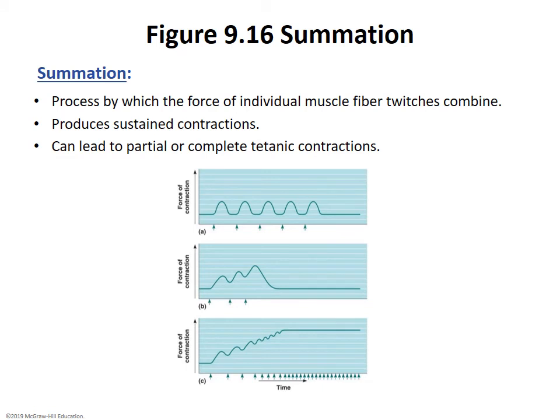So if we look at how these strengths of the contraction and plot them out, these twitches and the strengths, what we can see is if I stimulate, like on this top one, the graph A, if I stimulate the muscle to contract and I have it go up, it goes through the contraction period, and I have it go back to the relaxation period, and I let it relax all the way back down to where it was, and then stimulate it again, I'm going to have the same force.